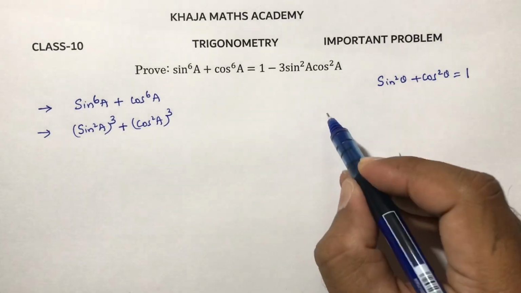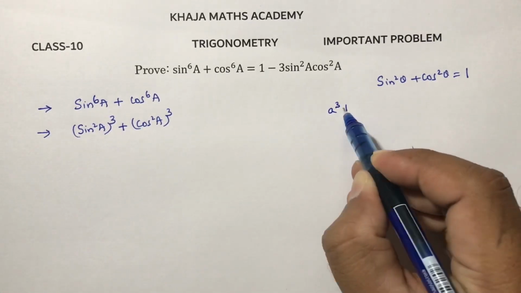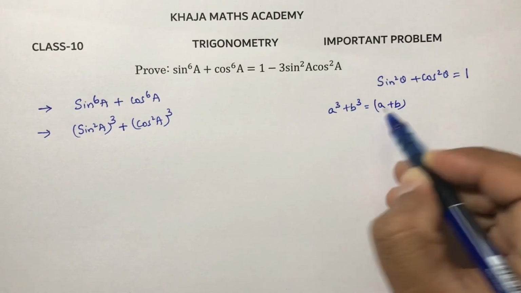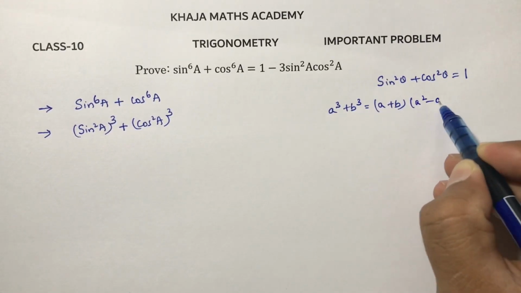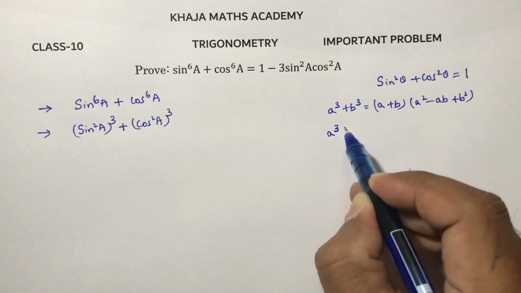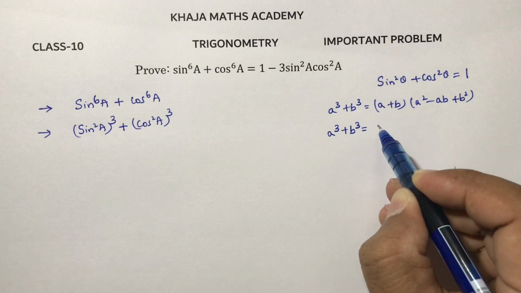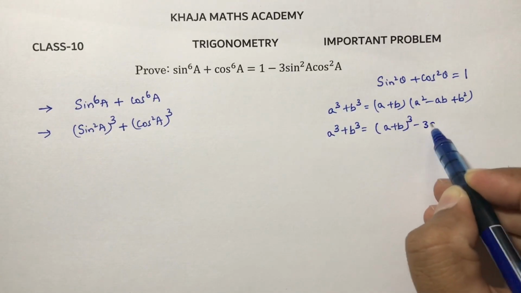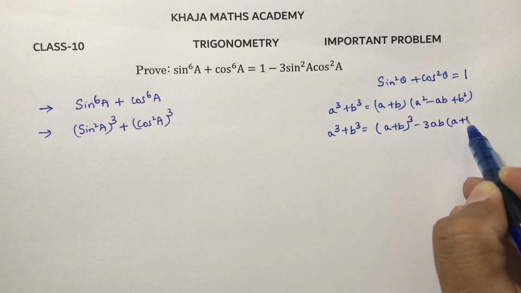We have two formulas for a cube plus b cube, which we learnt in 9th. One is a plus b into a square minus ab plus b square. Another formula is a cube plus b cube is a plus b whole cube minus 3ab into a plus b.